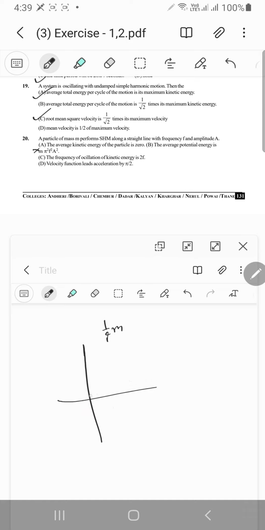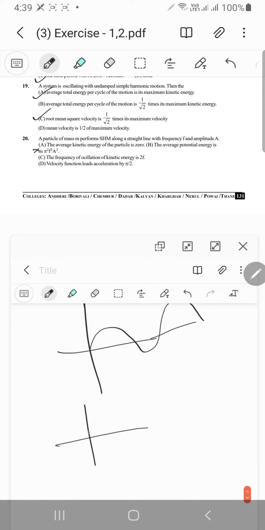For velocity it would be like this, and for this it's more or less like this. Okay, fine: 1 plus cosine of 2 omega t. So omega dash is 2 omega. Its frequency is in fact 2 times.